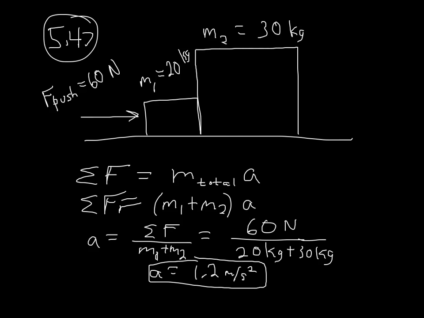So that's the total stuff that we have acting on the two-box system. We don't have to break it up into different components. There are more forces at play here, but all we care about for the first part is the total force on everything, which is that 60 newtons.